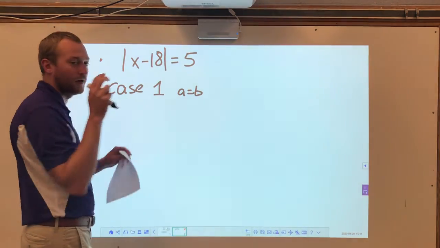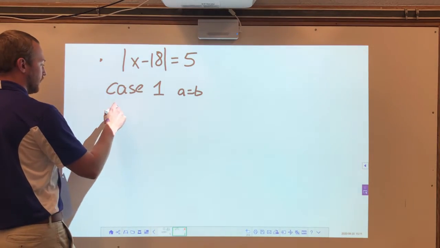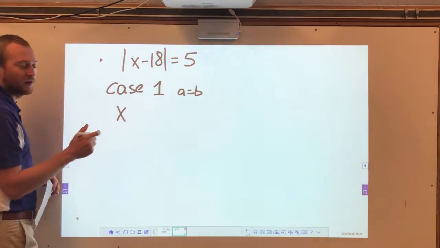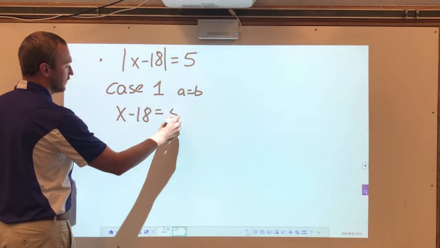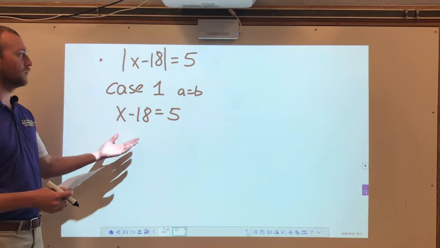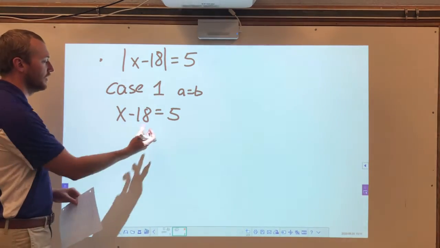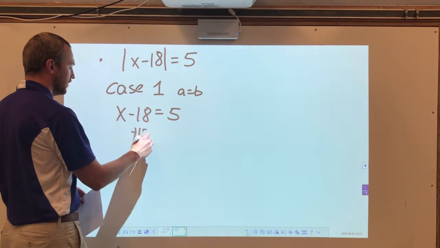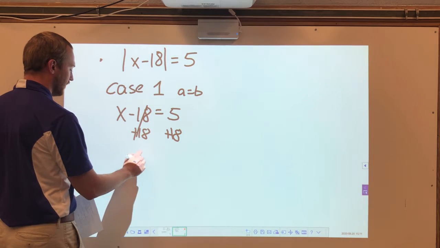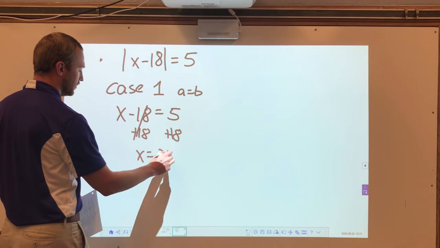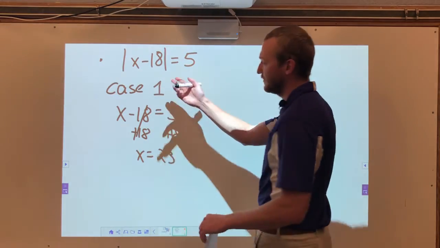That's our B. With that, we just drop the absolute value bars, keep the x minus 18, and it equals 5. Notice how all we did for case 1 is just get rid of the absolute value bars. We didn't change the sign of anything. We can solve this. Add 18 to both sides. We have x equals 23. Not too bad. Again, all we did was drop the absolute value bars.